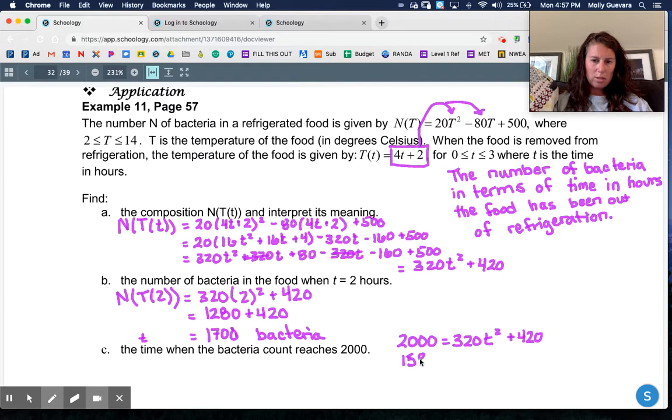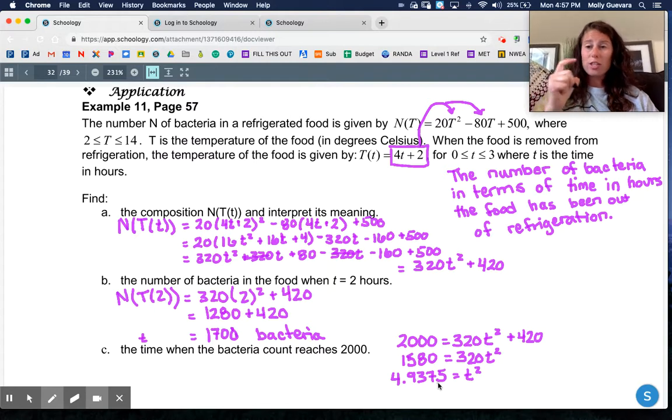And math just got real weird. 1580 equals 320t squared. Divide by 320, and I get about 4.9375 equals t squared. I'm going to leave that 4.9375 on my calculator so I can just use second square root, second answer, and I don't have to type in this number because then I'll be rounding.